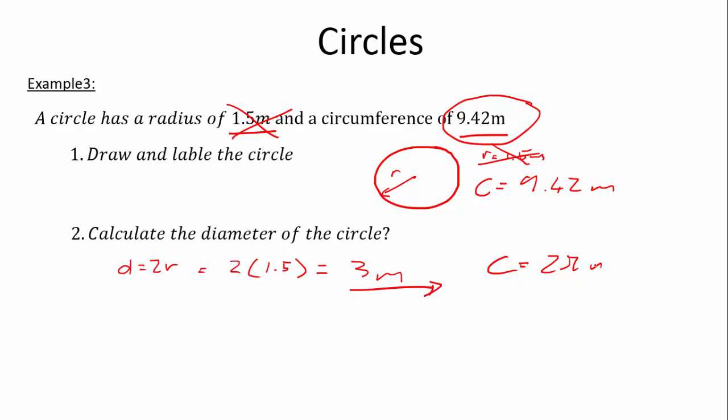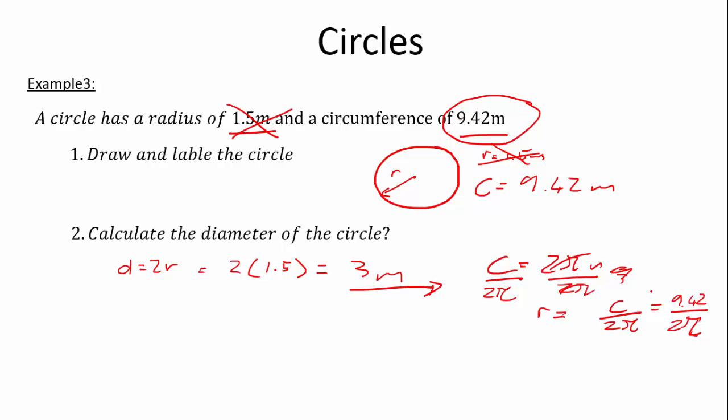Now, what if we divide both sides? We want to now solve for the radius. So we divide both sides by 2 pi, and these cancel out, and we're going to get the radius is equal to circumference divided by 2 pi, and now we can solve it: 9.42 divided by 2 pi.